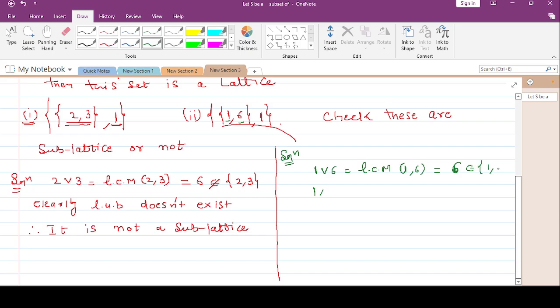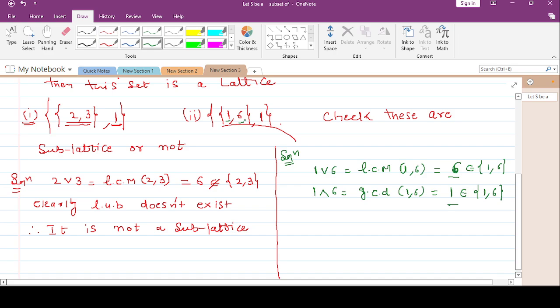And what is the meet of 1 and 6? Meet means GCD. GCD of 1 and 6 is 1. It is again a member of 1, 6. So you see that supremum and infimum both exist for these elements in this set.